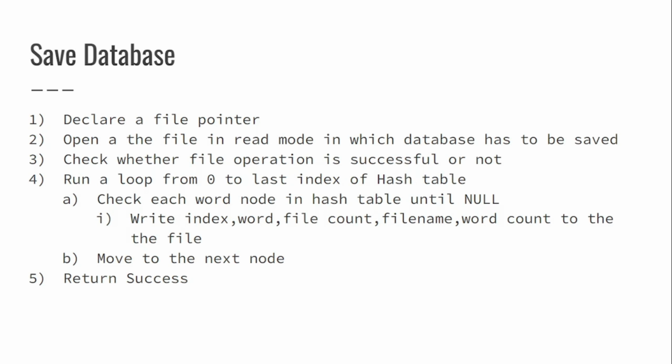After opening the file, we are checking whether that open file function is successful or not. If the file open function is successful, then we are running a loop from 0 to the last index of the hash table, and we will check each word node in the hash table until null. We will write the index, word, file count, file name, word count to the file, and move to the next node until it reaches null.